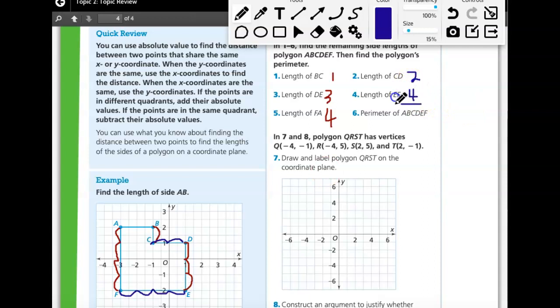Now it's asking you what's the perimeter of the ABCDEF shape. We know that this is 2. Remember? We did it before. So that's 2. This is 8 plus, that's 2, and that's 2, and that's 4. So that's another 8. So the perimeter is 16 units.